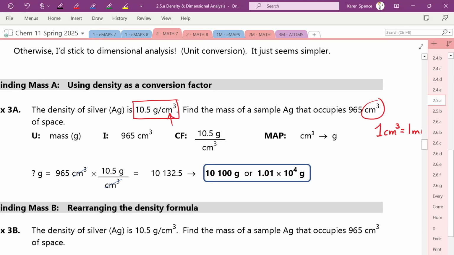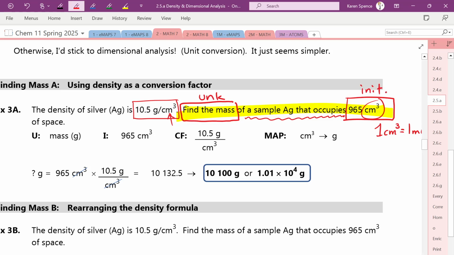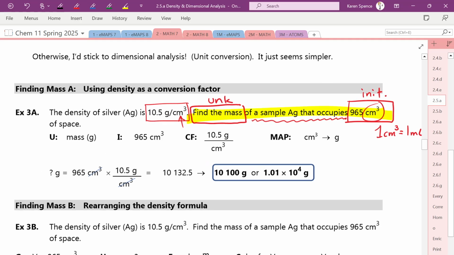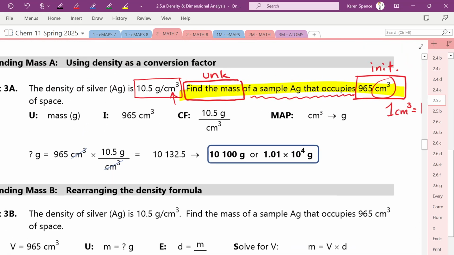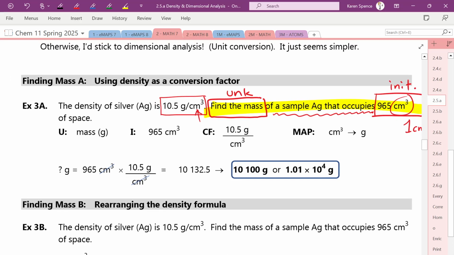I want to find the mass of a sample that occupies. If that's my unknown, then who is my initial? The unknown is connected to the initial. Okay? So we can do it this way. I don't know how many grams.